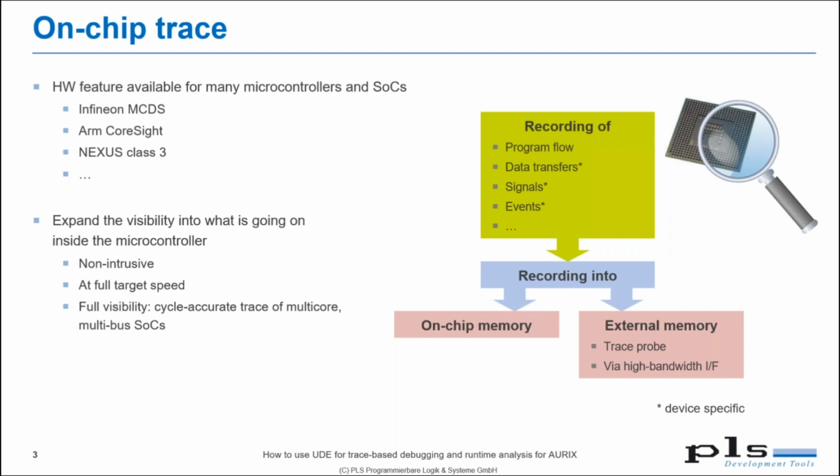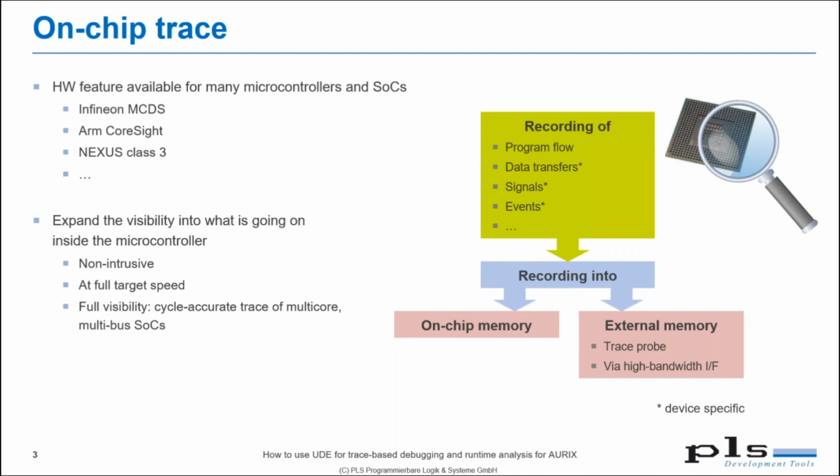Trace is a hardware feature that can be found on many of the microcontrollers that are used right now. Sometimes it comes with a small feature set, and sometimes it is very powerful. It's an addition to production devices, and sometimes you have dedicated trace devices like we see on the Aurix.